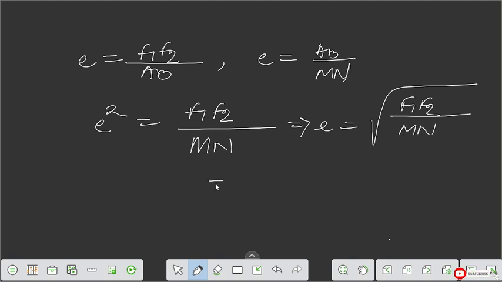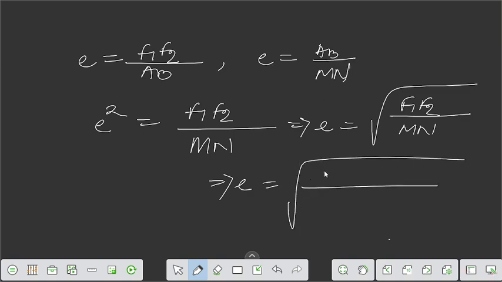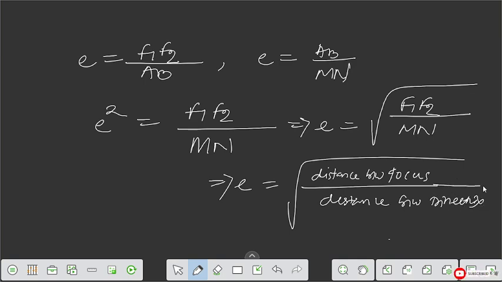So F1F2 means the distance between directrices, sorry, the distance between foci. And this is the distance between directrices.